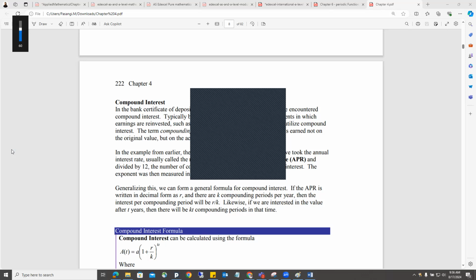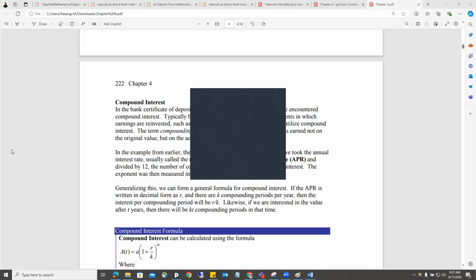Hello? Now your mic, you can unmute your mic.